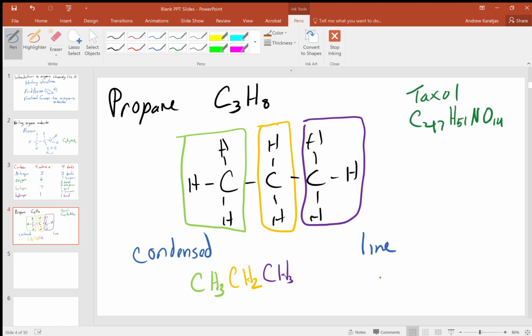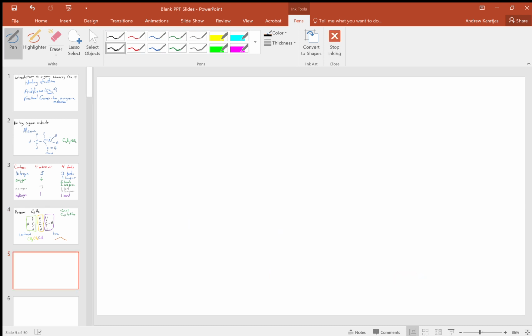And the line structure for propane looks like this. So the question you might ask is, well, where did all the atoms go? So let's look at this structure more carefully. Here's propane again as a line structure.